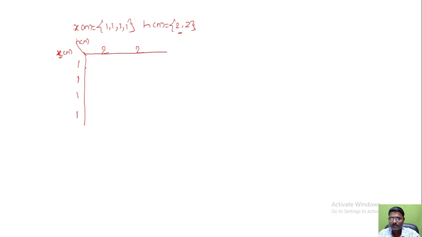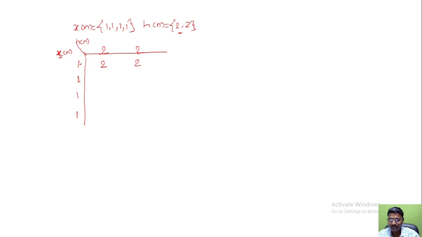Now I multiply these values, like matrix multiplication, row into column. So 1 into 2, I will get 2 here. Similarly 1 into 2, I will get 2 here.